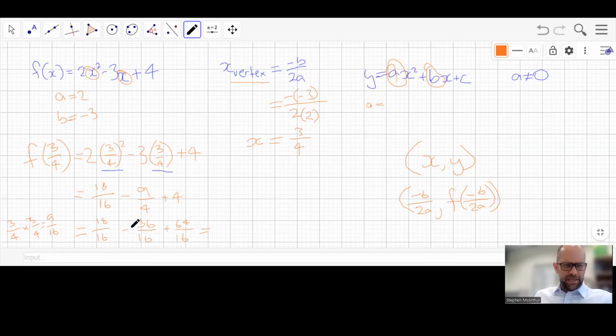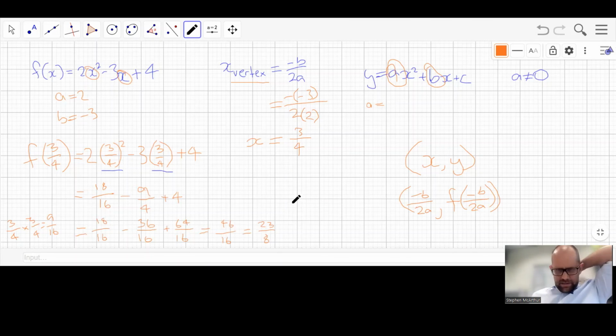It's equal to 18 minus 36, which is negative 18, plus 64. Is that 46 over 16? I've made errors before. Yes, it is 46 over 16, which is the same as, they're both positive and both even, so I can halve them both: 23 over 8. And I don't think I can do any better than that.